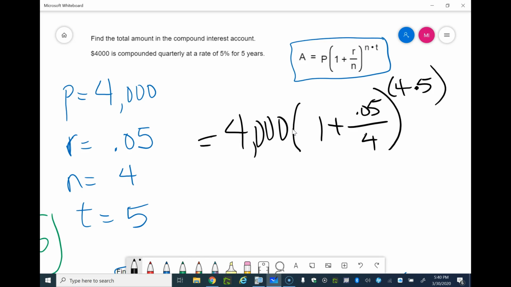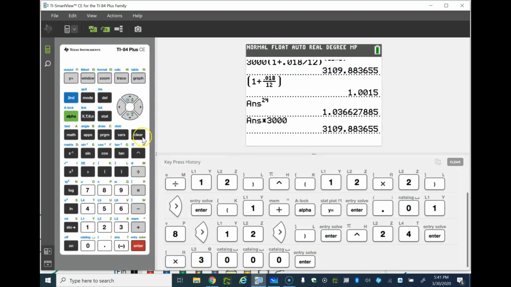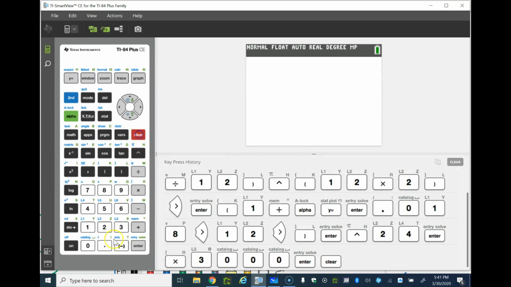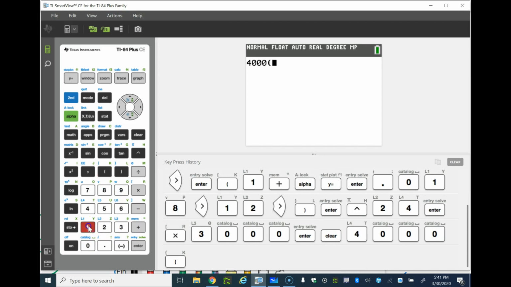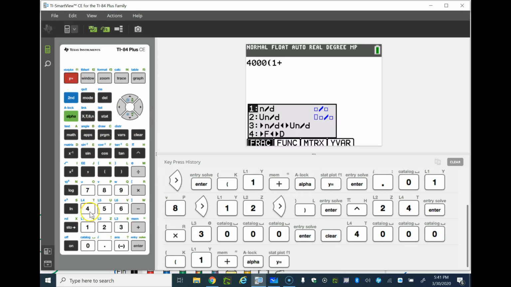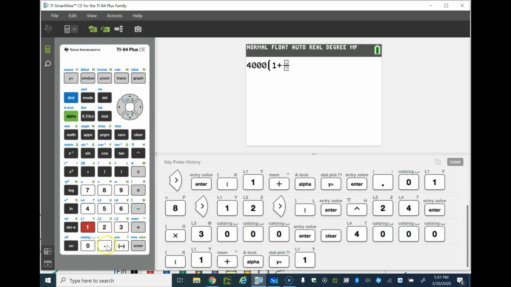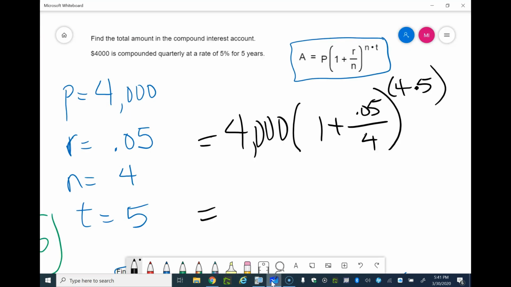So we figure out what this is going to be by putting it in our calculator. So 4,000, 1 plus alpha, and then second, and then hit the number 1 to get a fraction. I think it was 0.05 over 4.